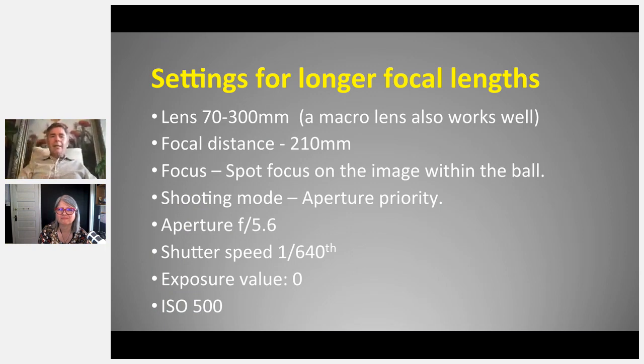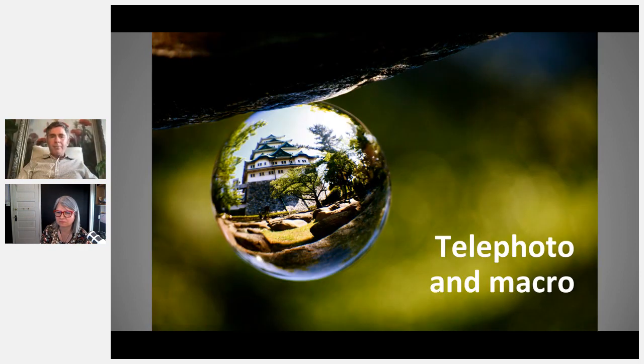So in this case, to take this photograph, I used a long telephoto lens, a 70 to 300, and at those longer focal distances, you're getting some macro-like effect. So what happens here is you get an effect called compression, and it's compressing the background, but the image inside the ball has a fisheye-like effect.